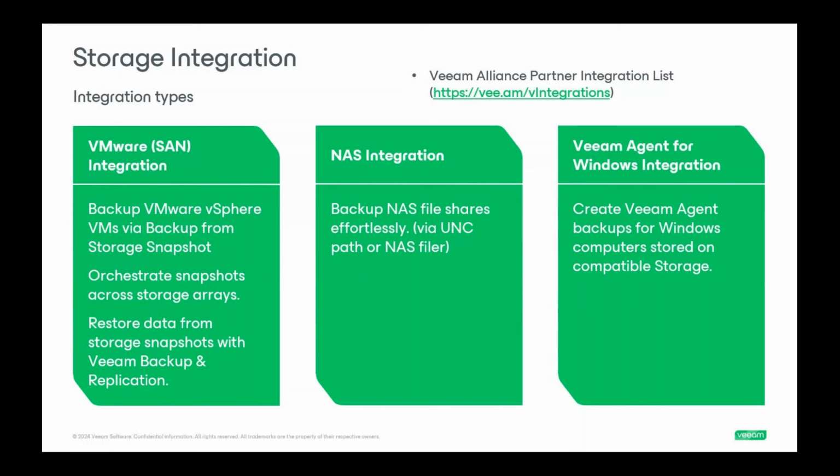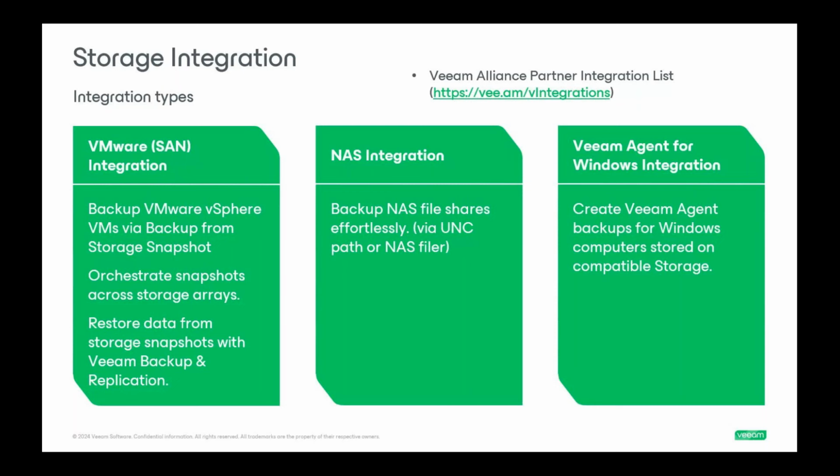So the storage integration, SAN integration through VMware, still initially sends the API to VMware to locate where it is on the SAN, but it allows for often a more efficient backup, at the very least with backup from storage snapshot, less impact on the VM that's being backed up or replicated during that window.